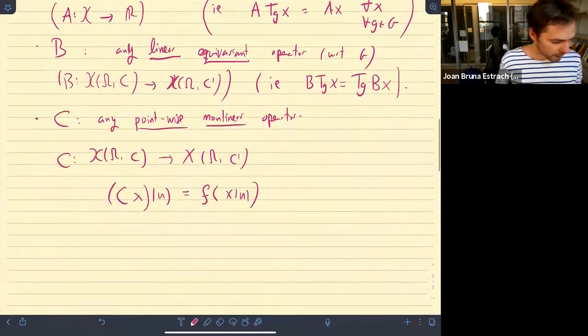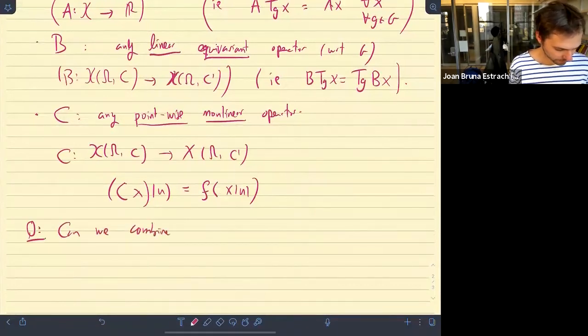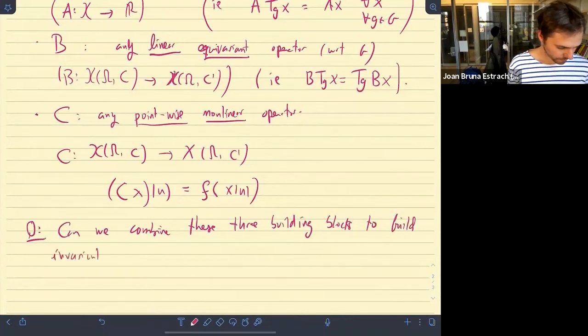And so now the question for you is, can we combine these three building blocks to build invariant representations?